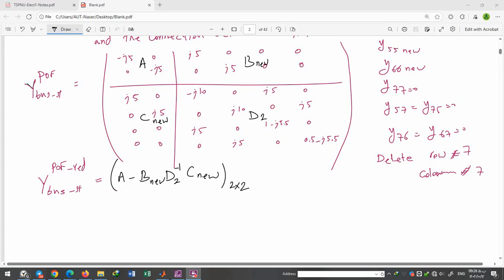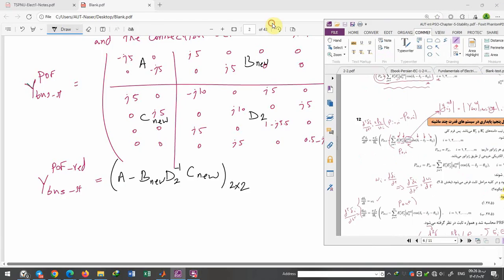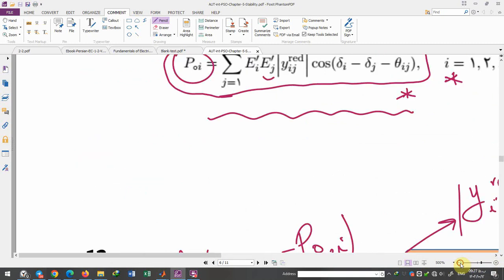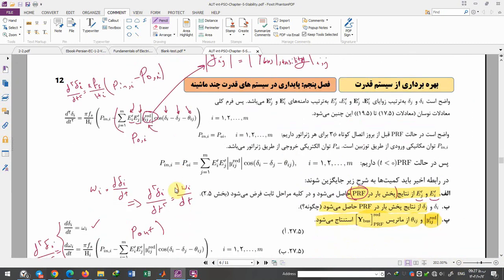Delta is the angle of rotor, or rotor angle, in each situation or regime. Please refer to our main course, as we introduced these equations.